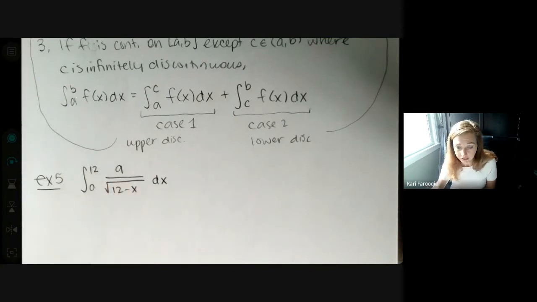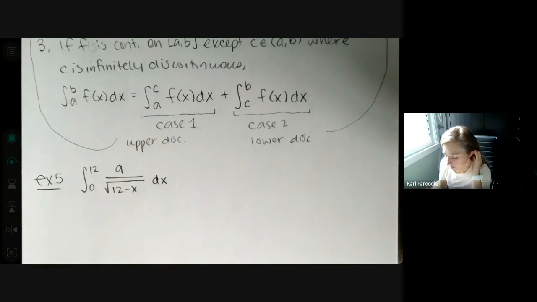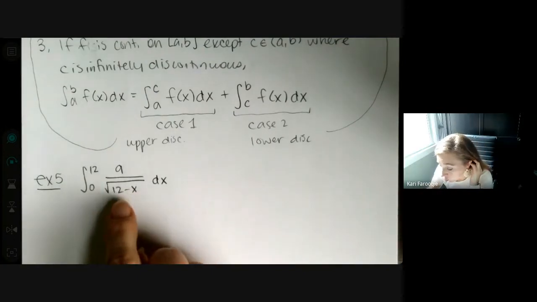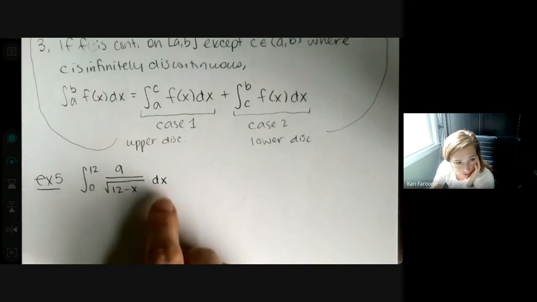And in this case, you're going to know right off the bat that it's an improper integral, but you're going to see why when we start actually working on this one. So the discontinuity is occurring at 12, and yes, you will at some point have a variation of this in your answer, so it does matter.